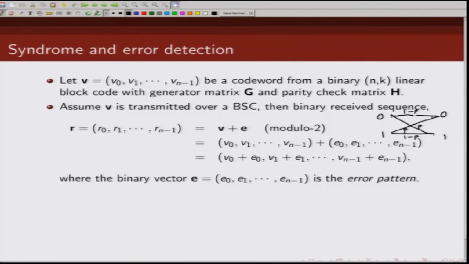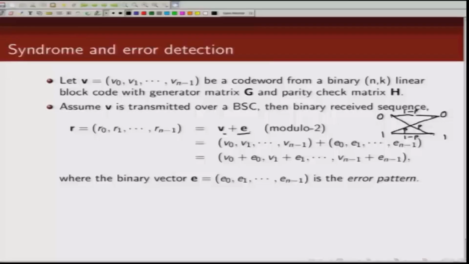Let us denote by R our received sequence, the received code word which we sent over this binary symmetric channel. As I said, the output of the binary symmetric channel is also 0 and 1. So, we can describe the output R as our transmitted code word plus some error vector. Our transmitted code word is an n-bit tuple. Similarly, our error vector is also n bits.